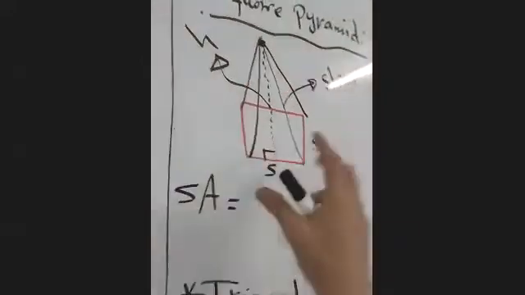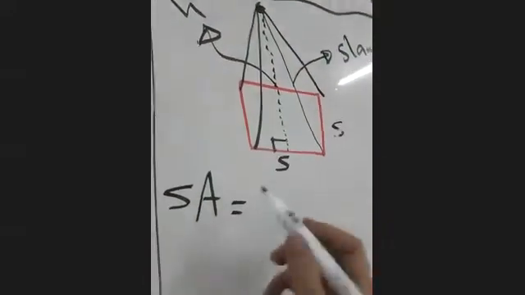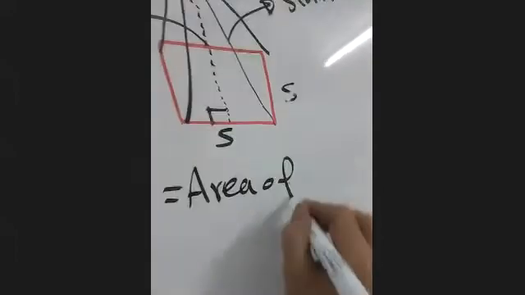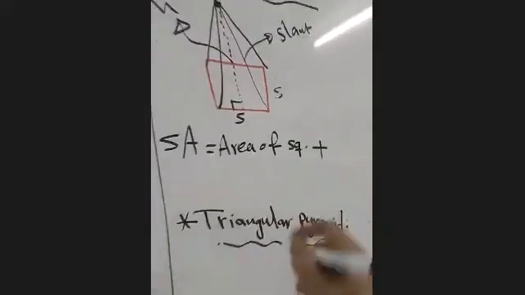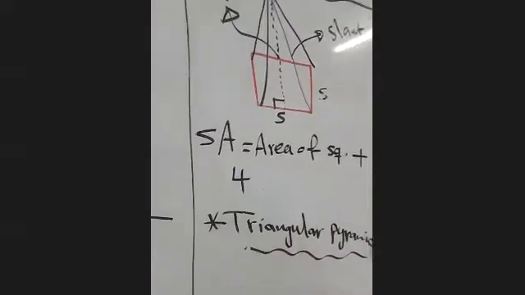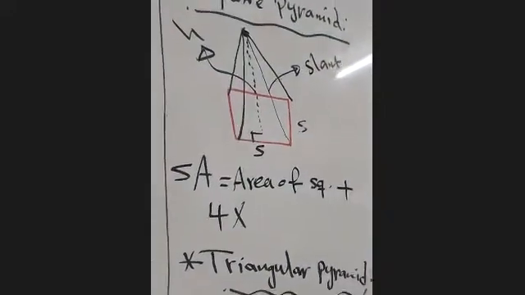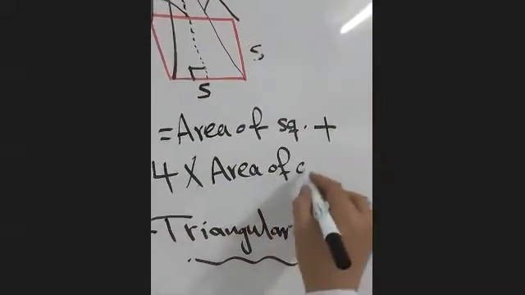So the surface area of this figure is, first we start with the bottom, the area of the square, plus 4 multiplied by the area of a triangle. Why 4? Because there are 4 triangles.